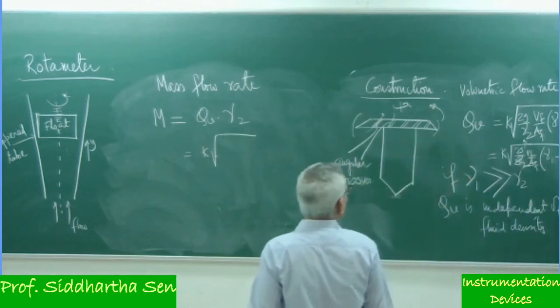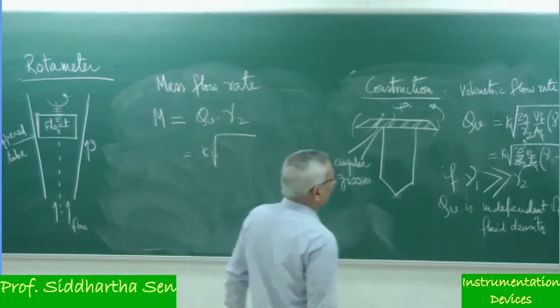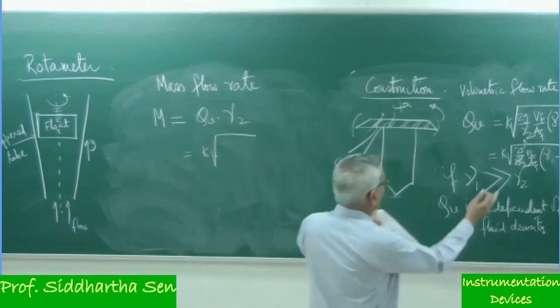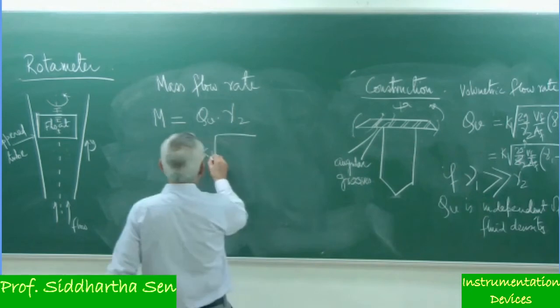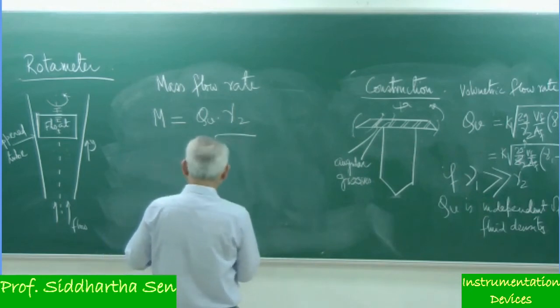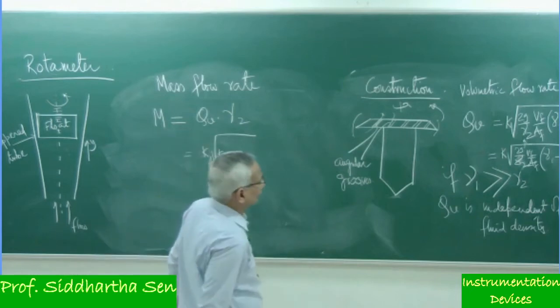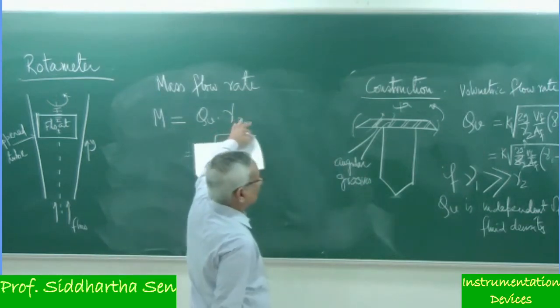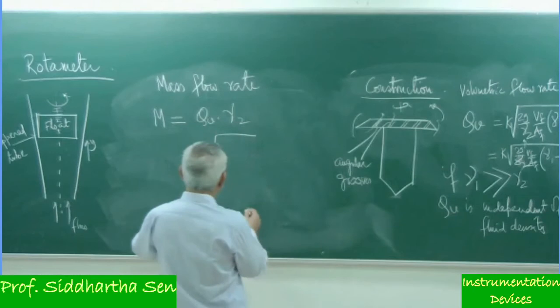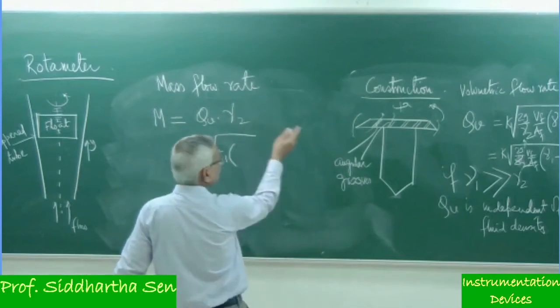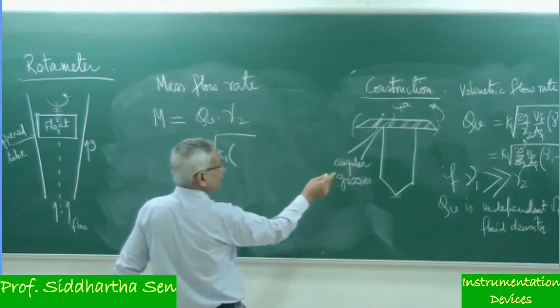Other things are constant, I can take it outside, I call it K1, or rather K here. But once you multiply with gamma 2, this will be gamma 2 squared inside this one.